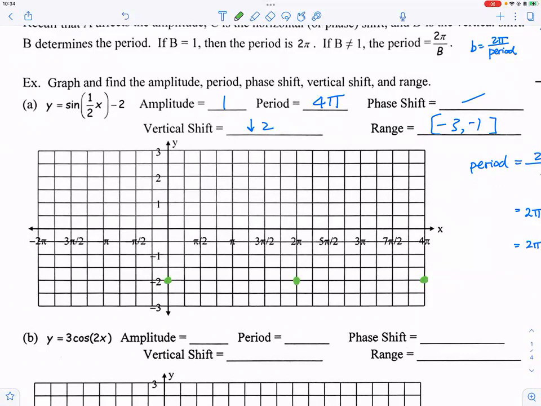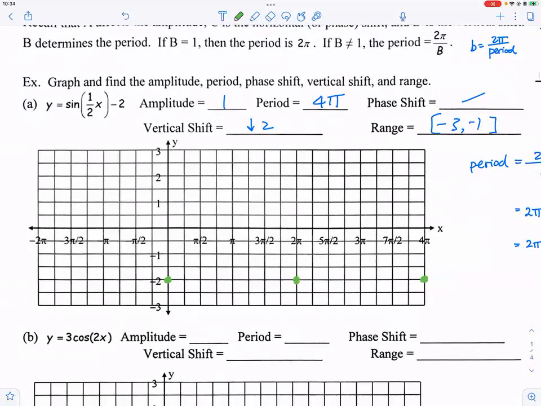And the fourth point that we put would be at pi comma -1, the highest point. And the next point, our final point for the first wave, 3 pi comma -3.